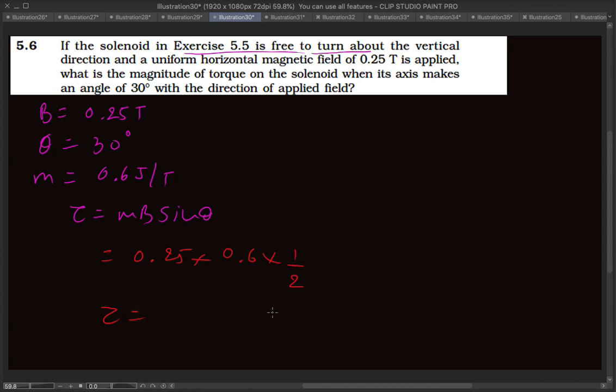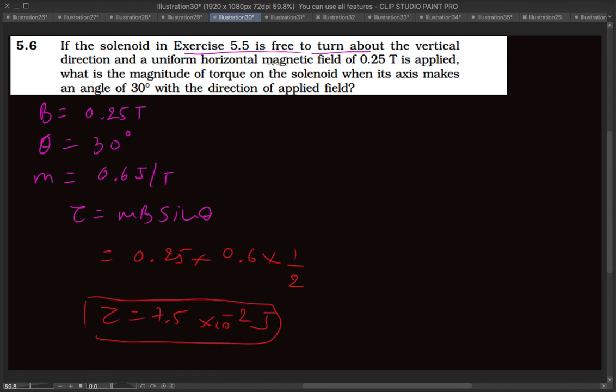So my torque equals, doing this calculation of 0.25 and 0.6, 7.5 × 10^-2. Whenever you put such things together, it will be quite easy for you. You can just do such an example orally. That would be 25 and 6, that would be 35, 3 and 7.5. So these are the examples.